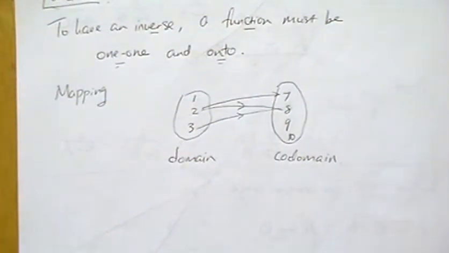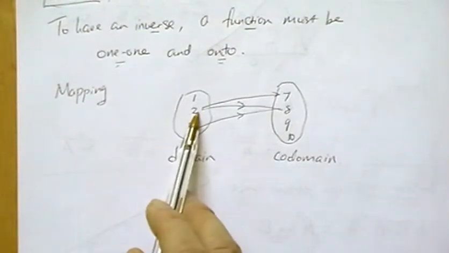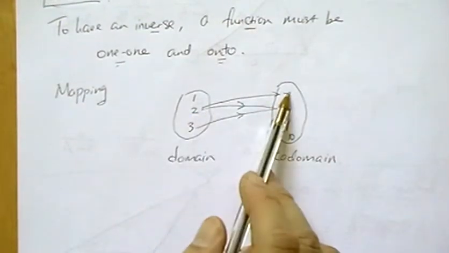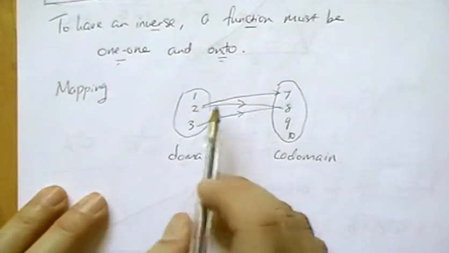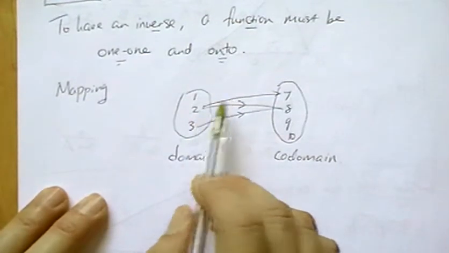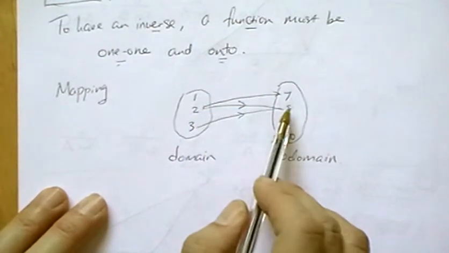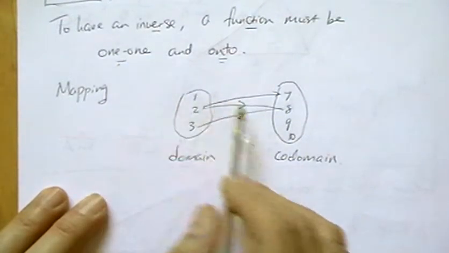So for example, if I ask what is the mapping of 2, the answer is 7 and 8. So with this rule, the mapping is 1 to 2 in this case. And that's not 1, 1 either.